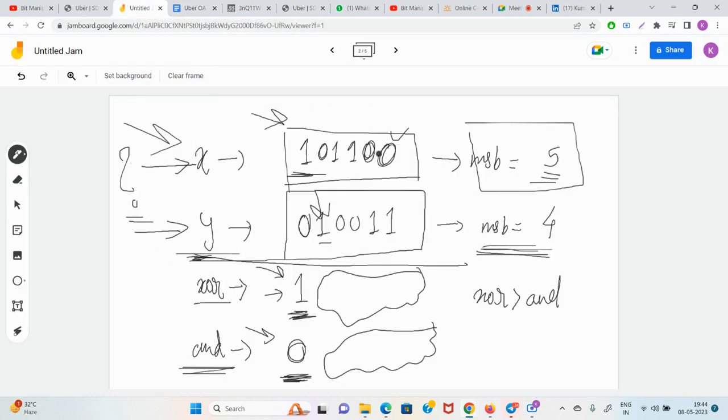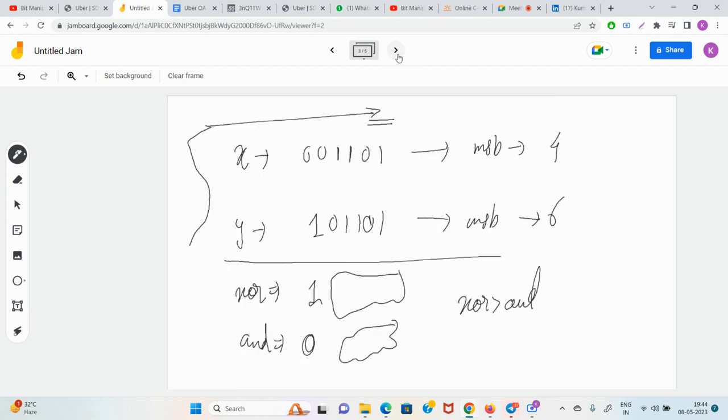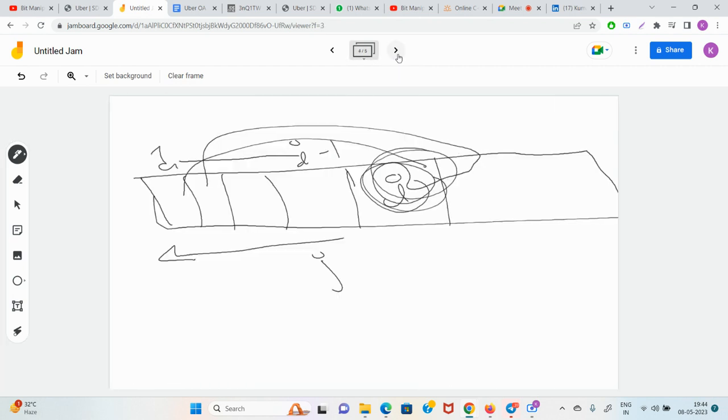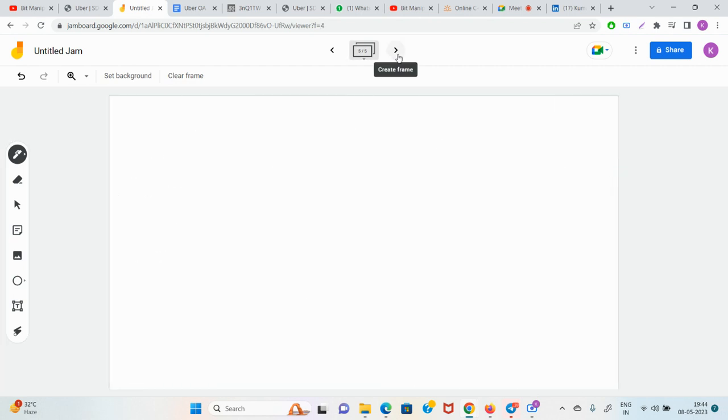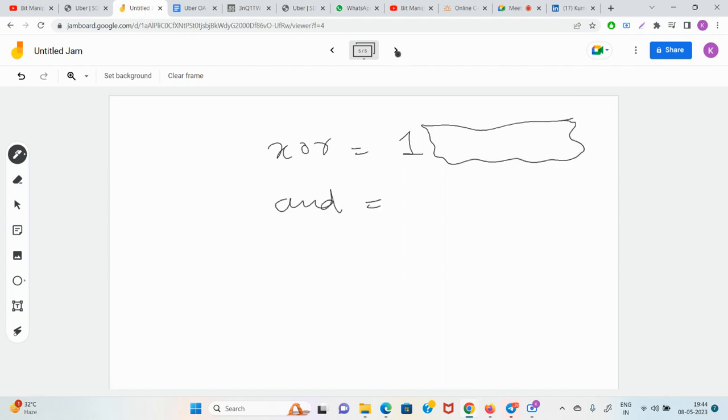Why is this valid? Because XOR looks like this. There are some numbers, but we are not bothered about them. And looks like this. So guys, it doesn't matter what the numbers here are.